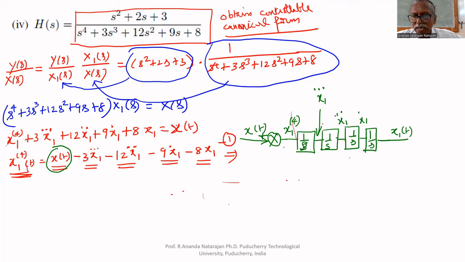If you integrate one more time, you will get x1 of t, which we are assuming is available. So 4 integrators are in cascaded form.